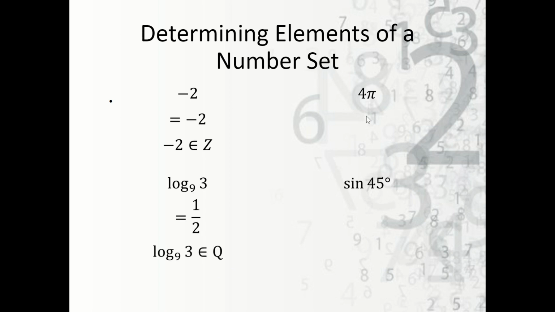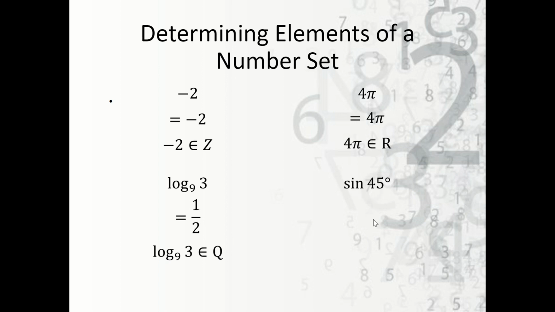Now we have 4 pi. 4 pi is an irrational number, or in other words, it is a real number. So multiplying by 4 doesn't change that, so it's really just equal to 4 pi, and therefore this is in the reals. Now we have sine of 45 degrees.